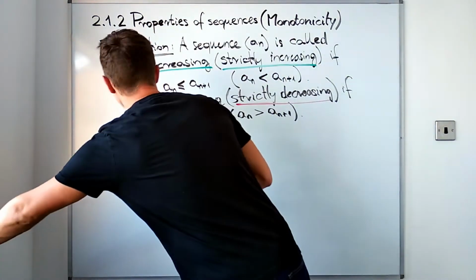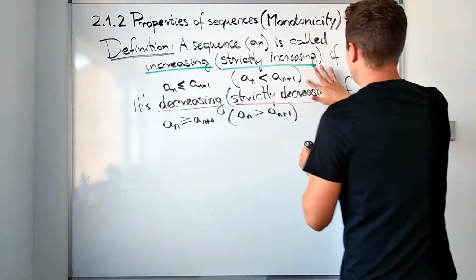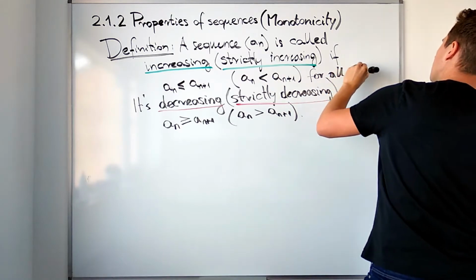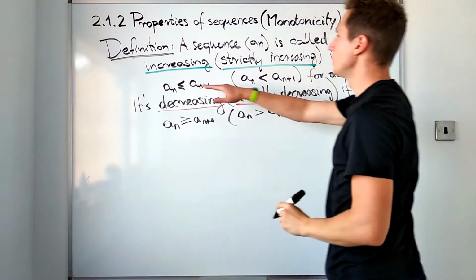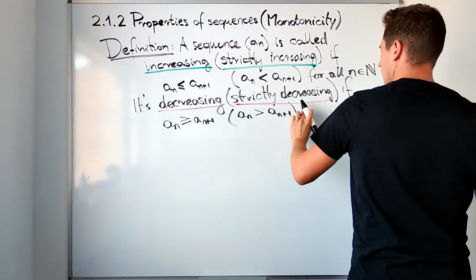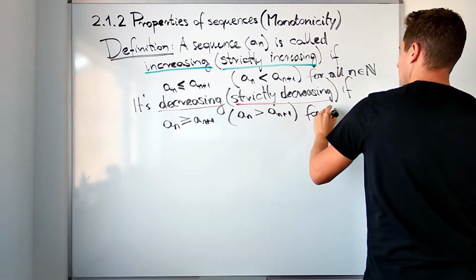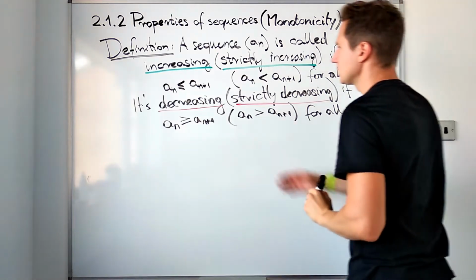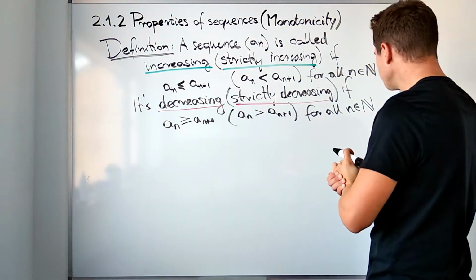These inequalities have to happen for all indices. So this always has to be the case, not just on a few occasions.